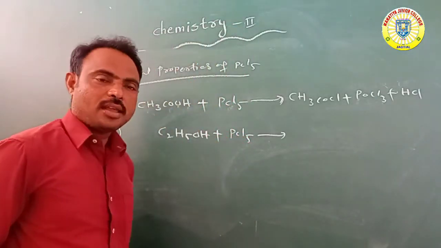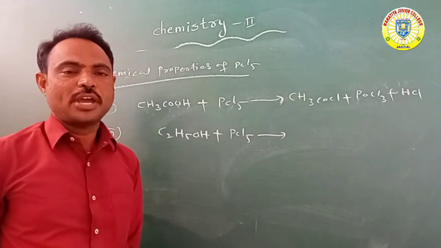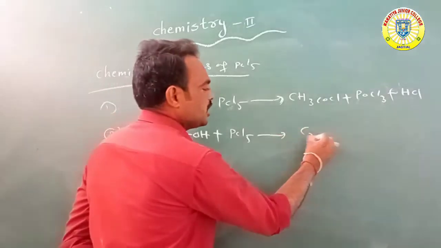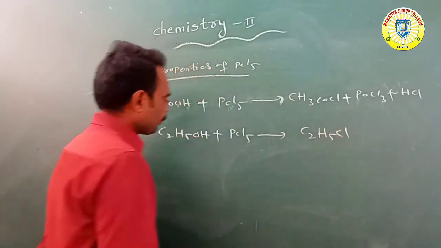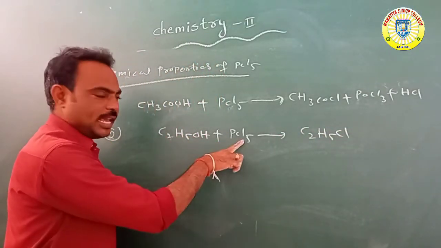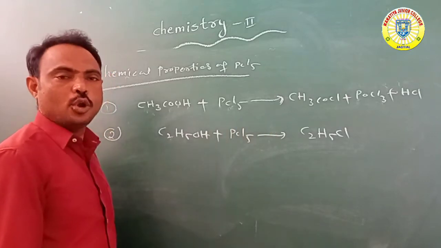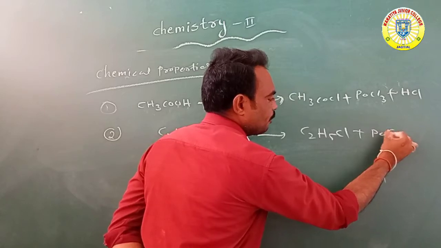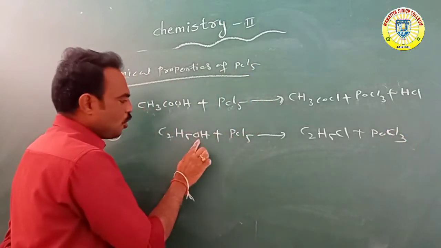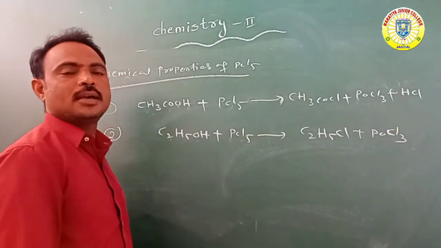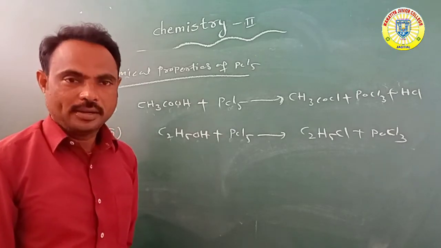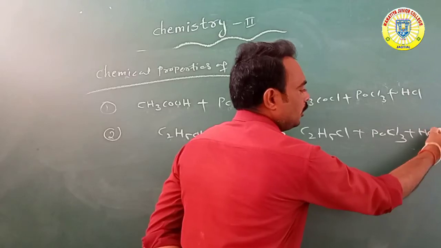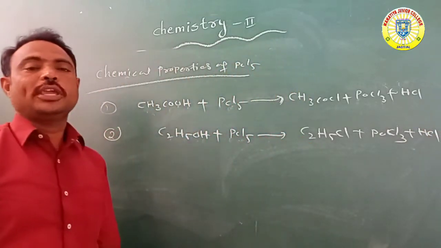This ethyl alcohol reacts with PCl5, phosphorus pentachloride, to form C2H5Cl, ethyl chloride. Next, POCl3, phosphorus oxy trichloride. Next, one hydrogen and one chlorine form HCl, hydrochloric acid.